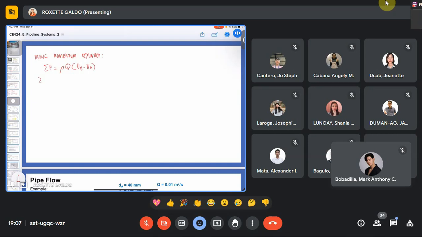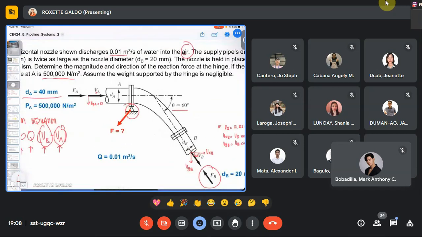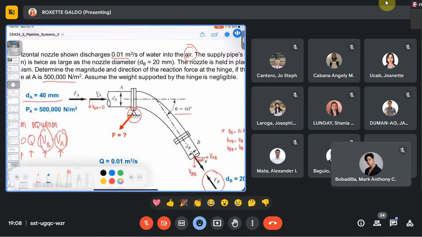So let us sum up forces along X first. VBX minus VAX. So what are the forces acting along the X direction? Forces acting along the horizontal direction, we have FA here, and we have F here, which is occurring at the hinge.